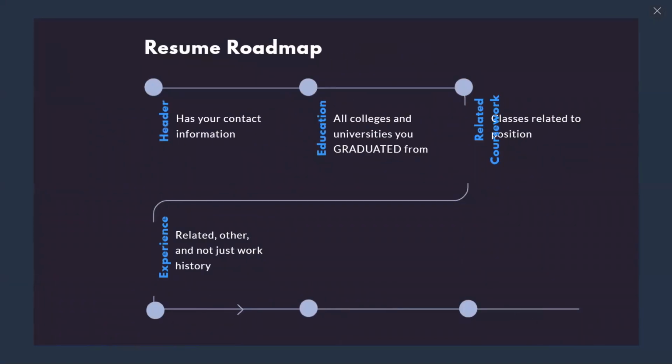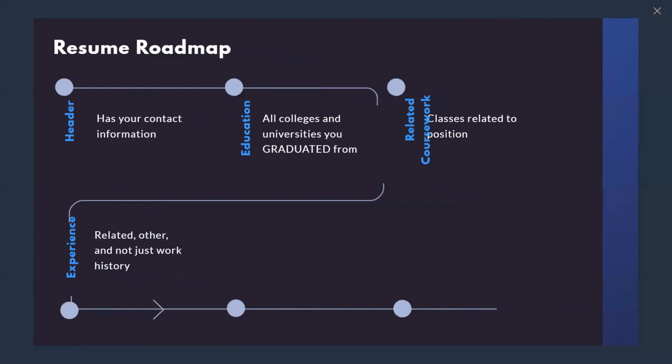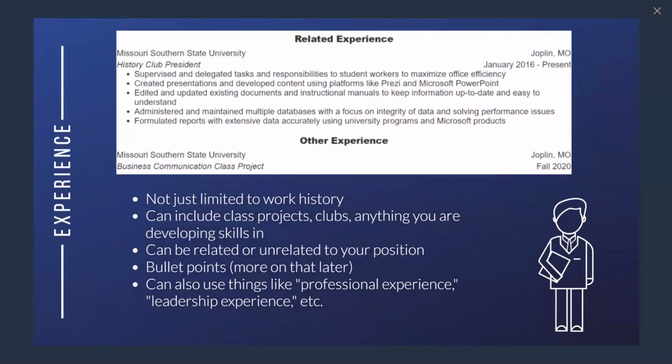Okay, underneath related coursework, we have experience. Now, as I said earlier, this isn't just limited to work history. We call it experience for a very specific reason. You are getting experience or you are obtaining skills and growing your skill set out of many things that you do, not just jobs that you are paid for.